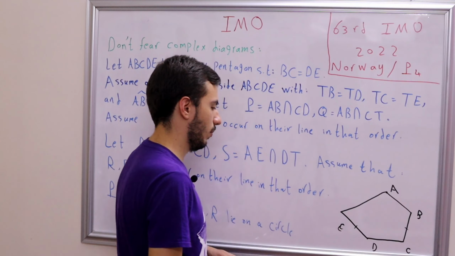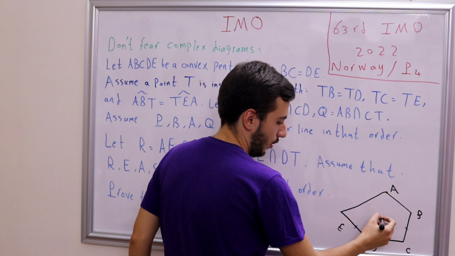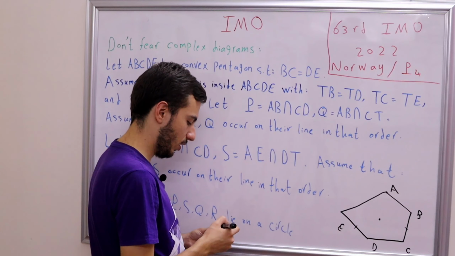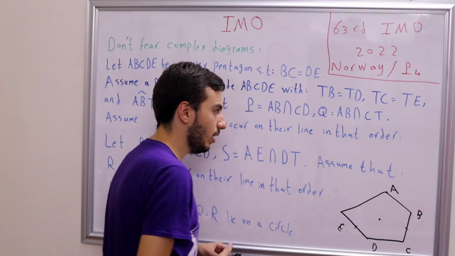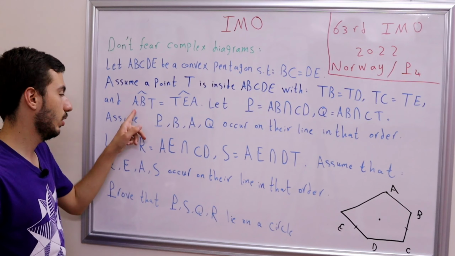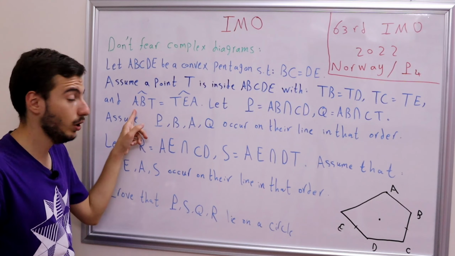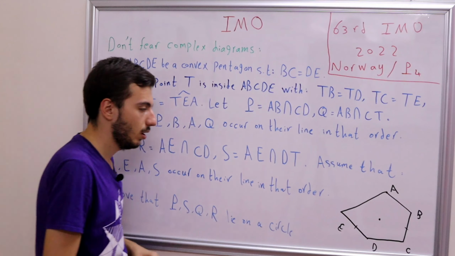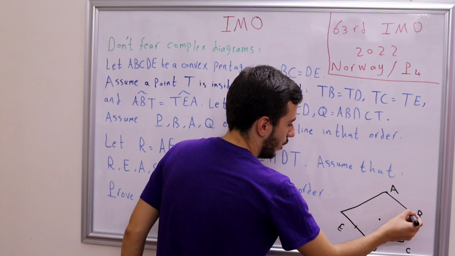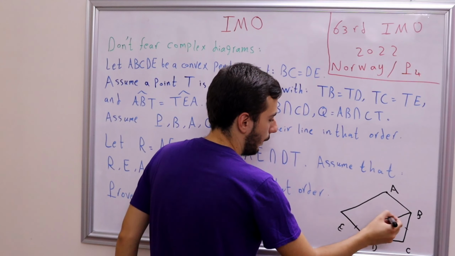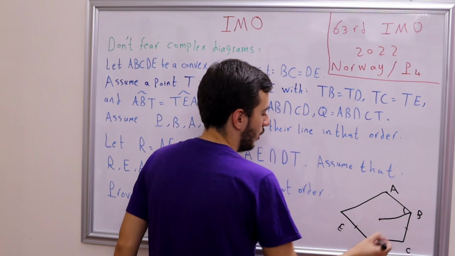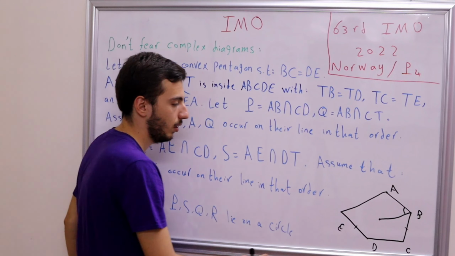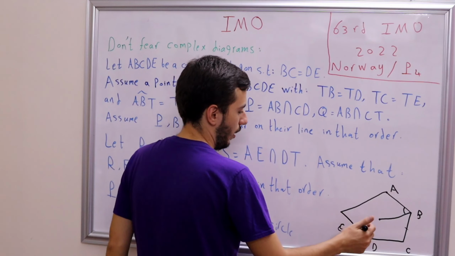Maybe some point right here. All right, this is our point T, and they are telling us that we have this angle condition: angle ABT equals angle TEA. So we need to draw ABT. Basically this is ABT, and this angle is the same as the angle TEA.